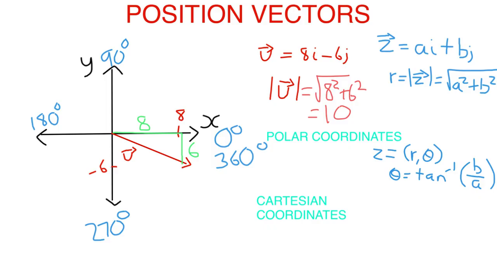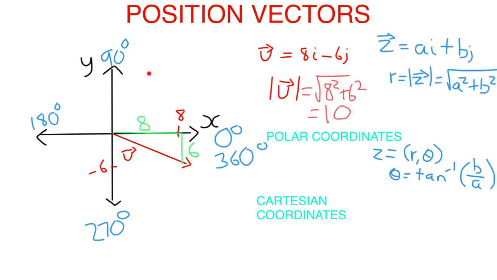So now we're going to look at finding the direction of a vector. Another way that you can represent a vector, rather than using Cartesian coordinates, is to use polar coordinates. They also use two numbers. r is the radius, it's just the magnitude of the vector, and theta is a measure of its direction. We call r the radius because see how this vector had magnitude 10?